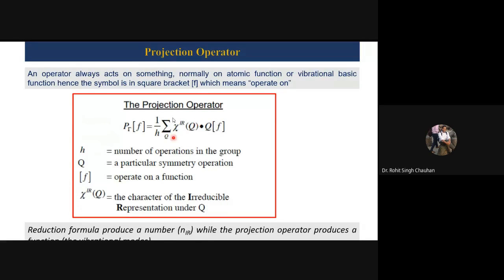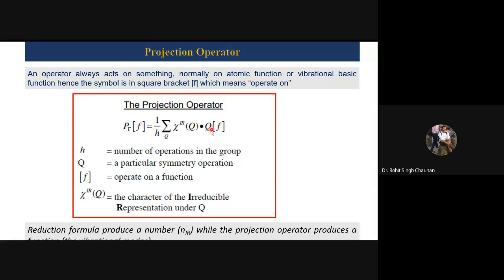Irreducible representation, you might be knowing, in any character table, the characters which are present for the symmetry element, as I said, those are called chi irreducible representation, right? Then the symmetry element q, and with respect to that qf, they are going to operate. Here I have mentioned h is the number of operations in the group, q a particular symmetry operation, right? F is the function operated on, I already mentioned here. Chi ir is the character of the irreducible representation under the q symmetry element.